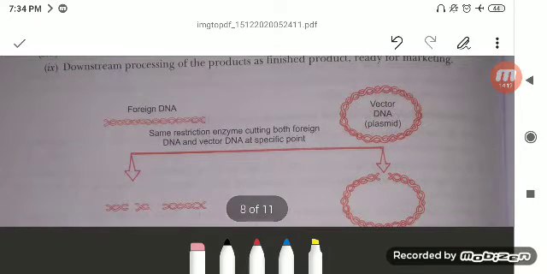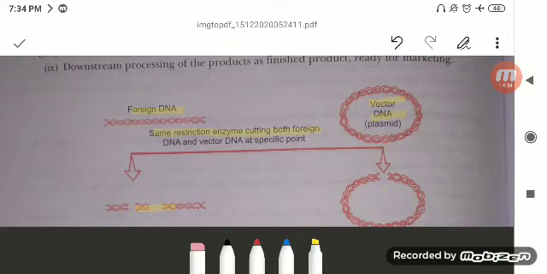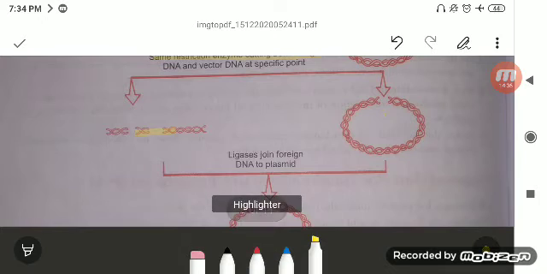So this is the diagram, or the stepwise formation of the recombinant DNA. First there is the foreign DNA, and this is your plasmid or vector DNA. The same restriction enzyme is used for cutting both the foreign DNA and the vector DNA at specific points, which are called recognition points. Then with the help of the enzyme ligase, the foreign DNA is joined into the plasmid.